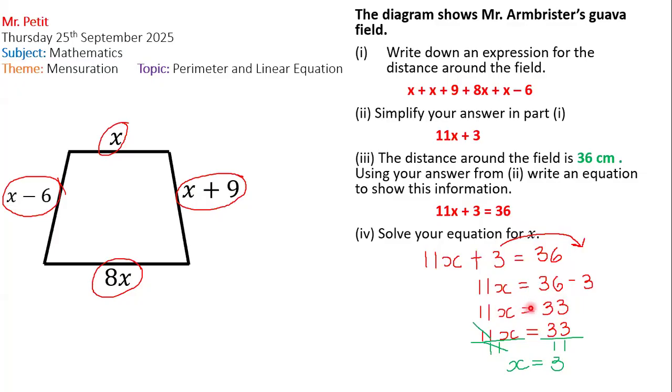So we have 11x is equal to 33. What we have to do now is divide both sides by 11. That means 33 also is going to be divided by 11. So what is 33 divided by 11? That gives us 3. So that's why x is equal to 3.